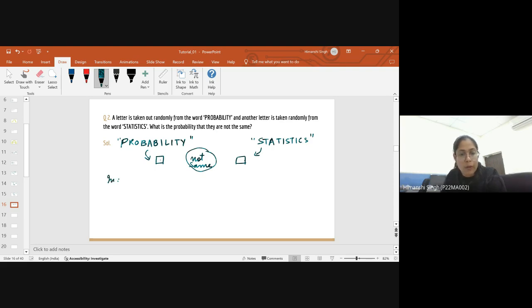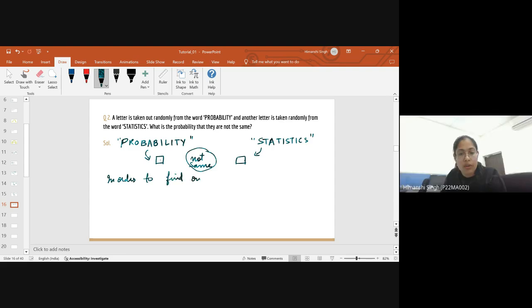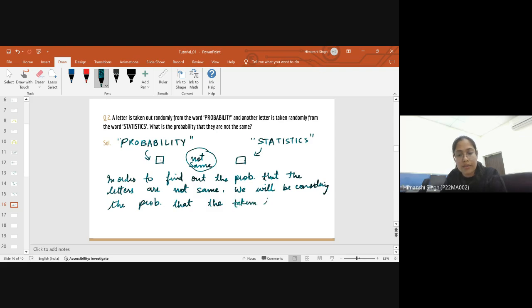In order to find the probability that the letters are not the same, we will be considering the probability that the taken letters are the same.